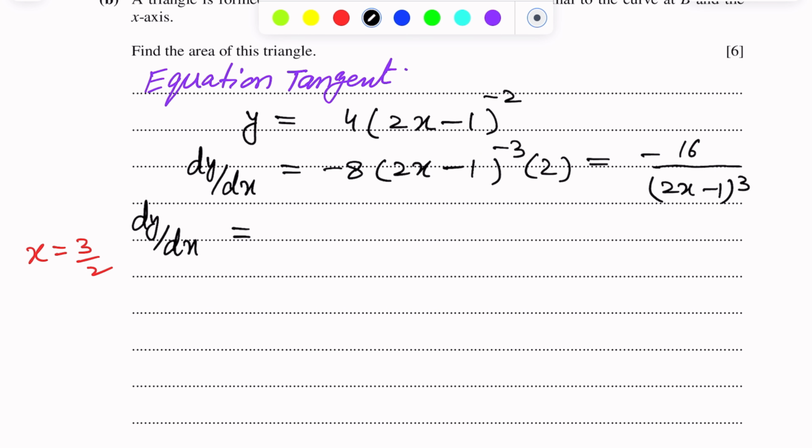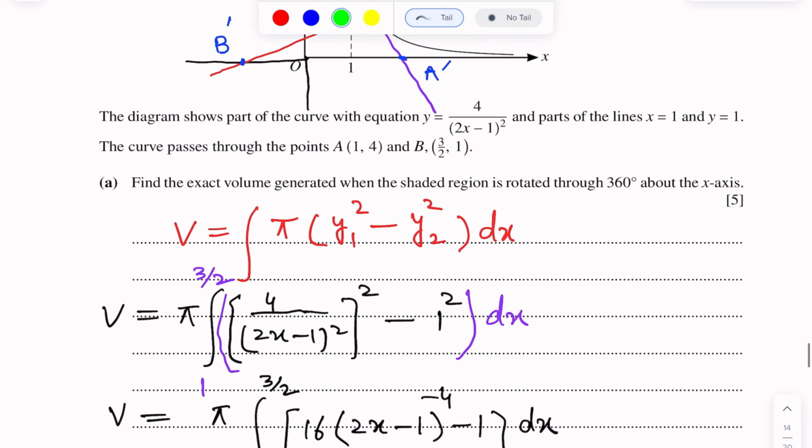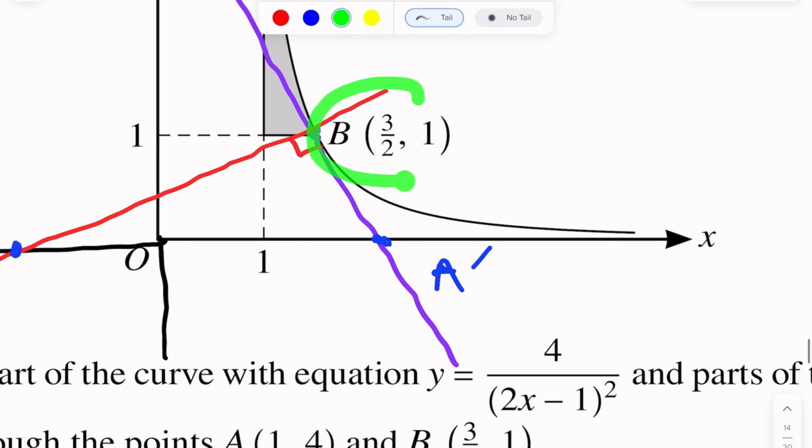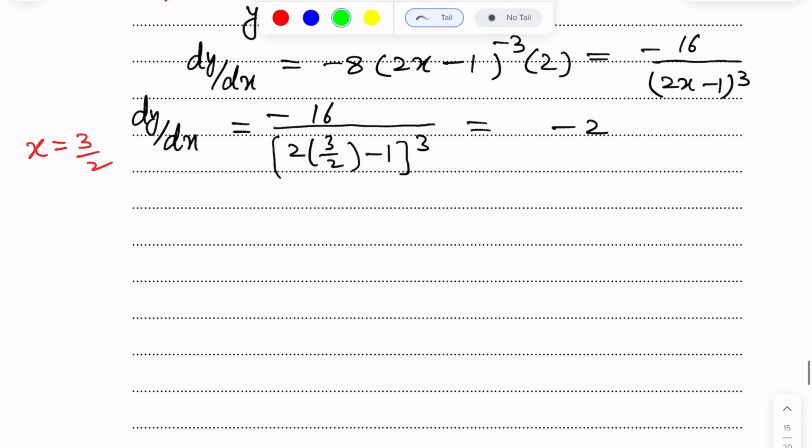The gradient will be minus 16 over (2 into 3 over 2 minus 1) power 3. Simplifying it, we get minus 2. So the gradient of the tangent is negative 2 and the point B is also given. So easily we can find the equation of the tangent.